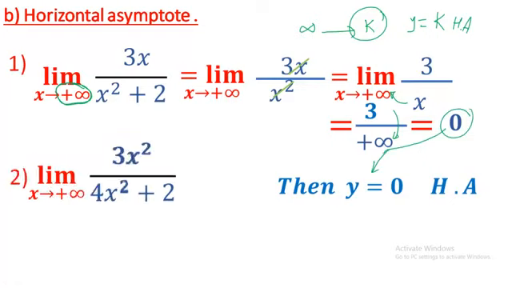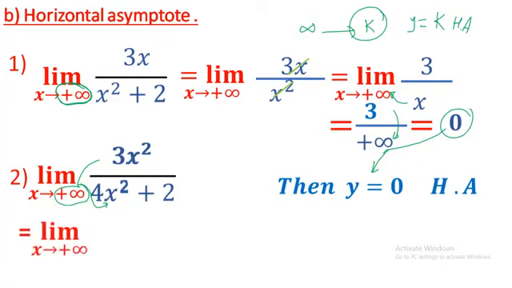The second example, if I have the limit as x tends to plus infinity of 3x squared over 4x squared plus 2, because it is a rational function and we have the limit as x tends to infinity, then we will use the highest power term rule.